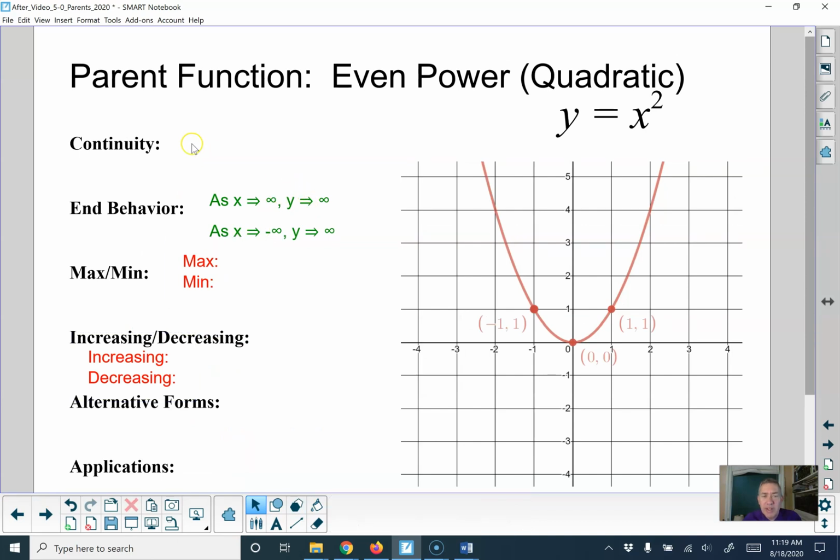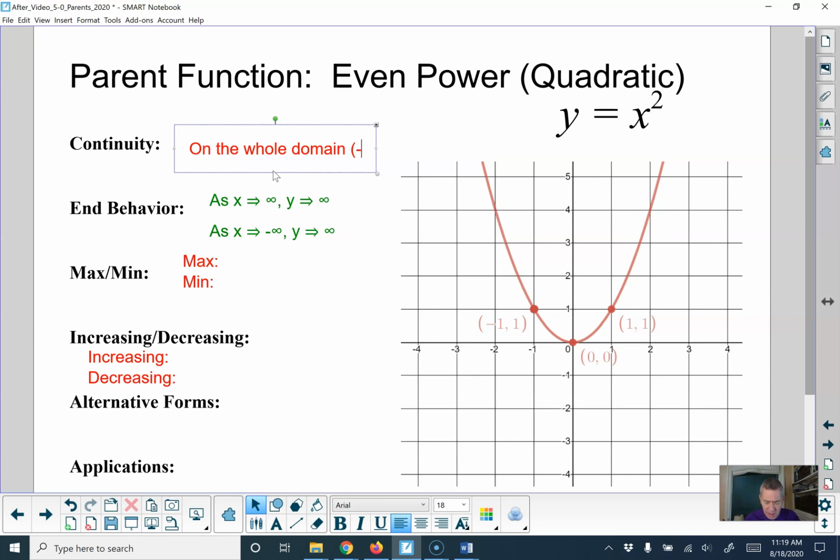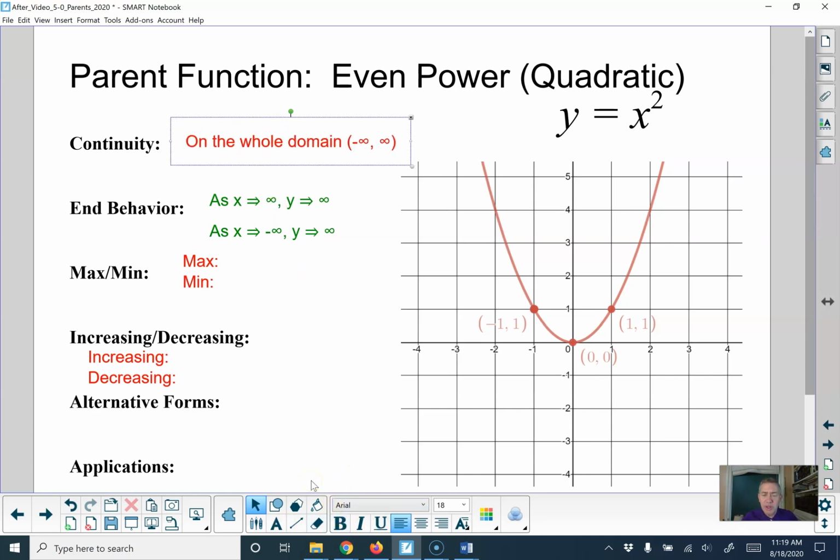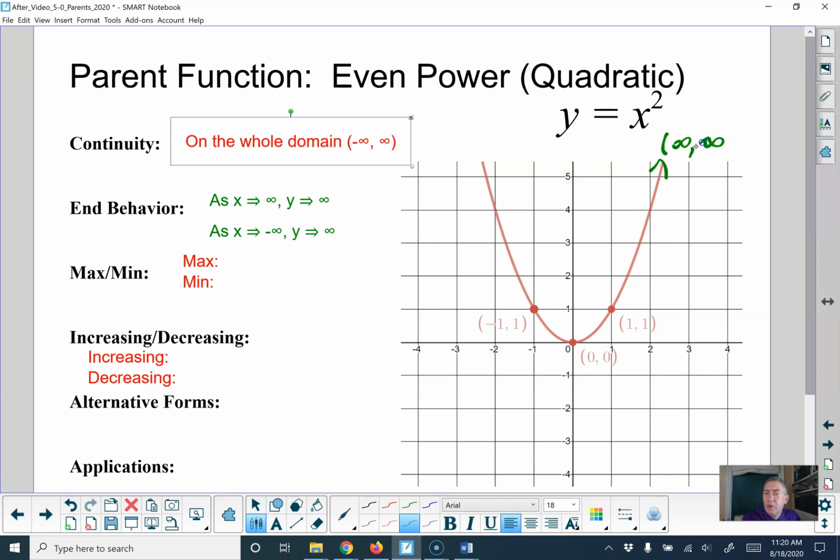It is, however, continuous. You can draw it without lifting up your pencil. So everywhere from -infinity to infinity, it's continuous on the whole domain. Its end behavior: as x is approaching +infinity, as we go out this way, x is approaching +infinity, so is y.